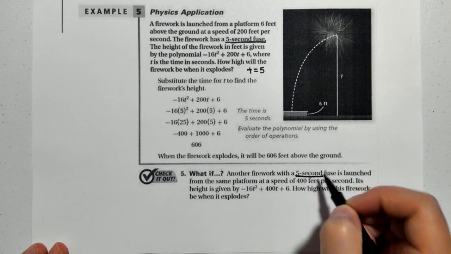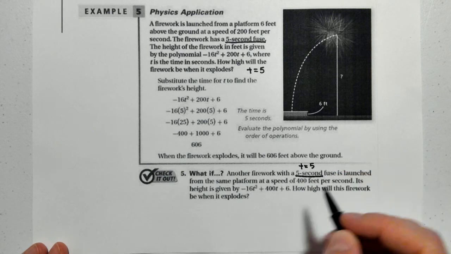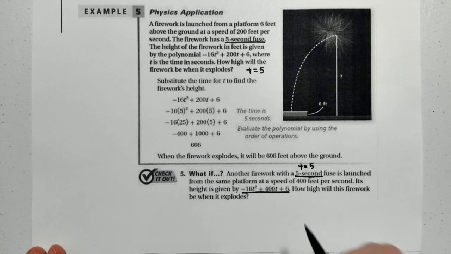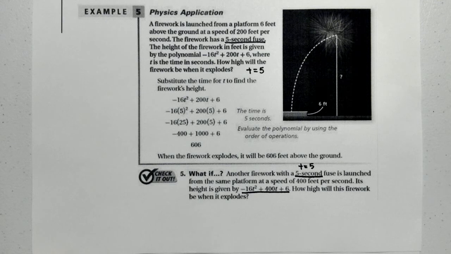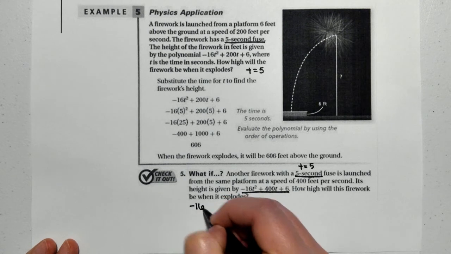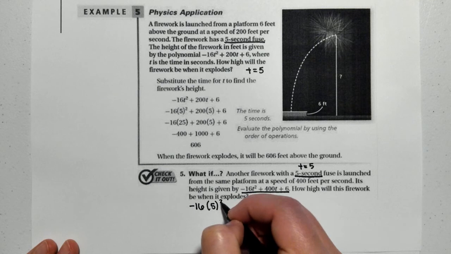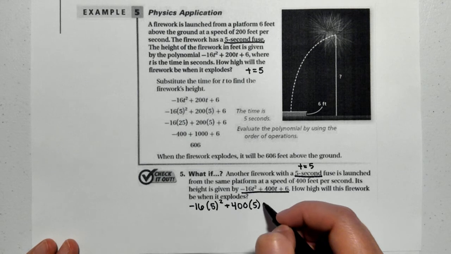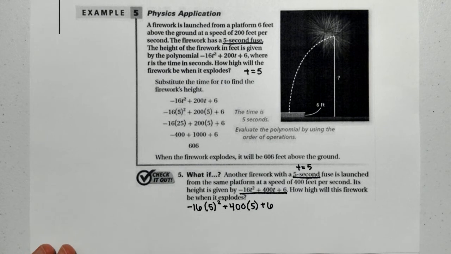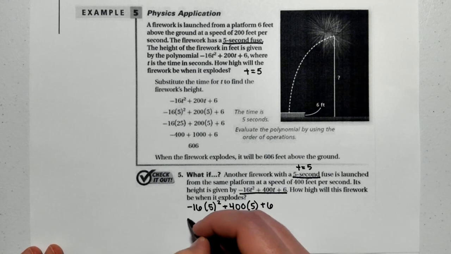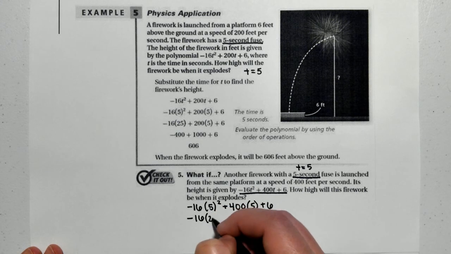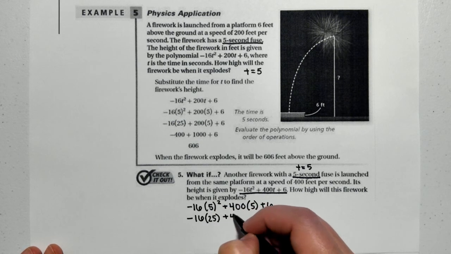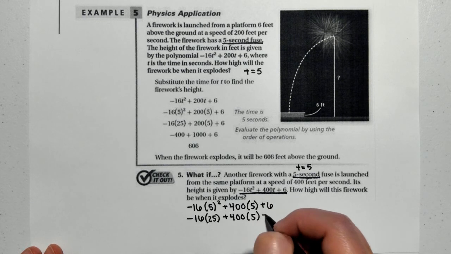So our time t is going to be 5, and we're using the polynomial negative 16t squared plus 400t plus 6. So I'm substituting in 5 for t. So I'm going to have negative 16 times 5 squared plus 400 times 5 plus 6. 5 squared is 25, so I have negative 16 times 25 plus 400 times 5 plus 6.